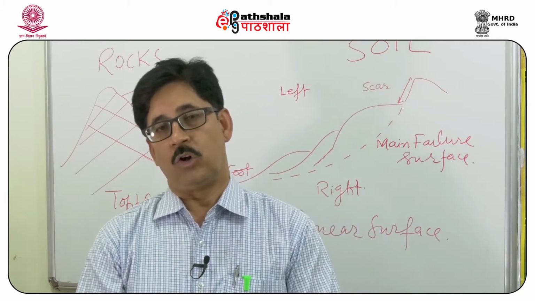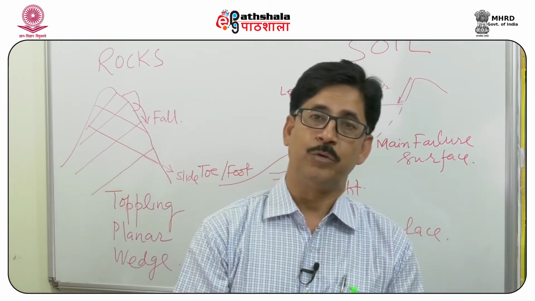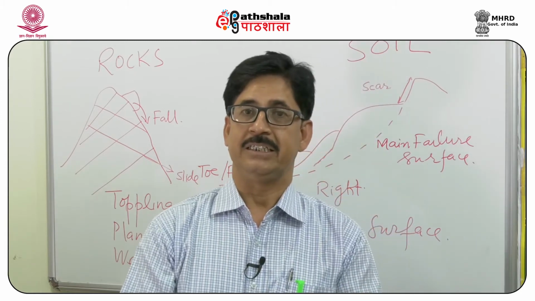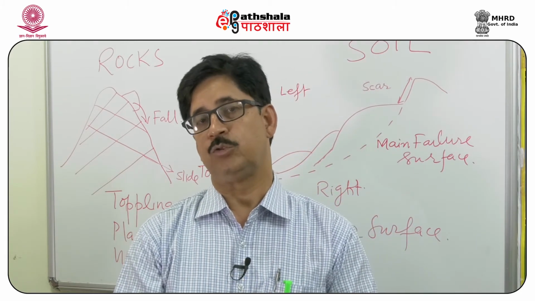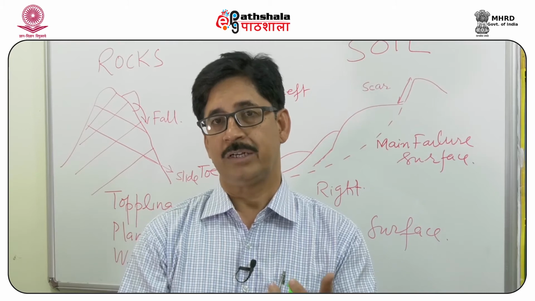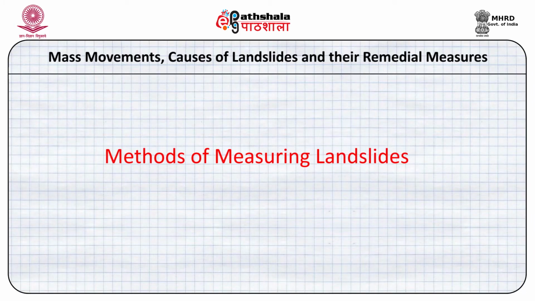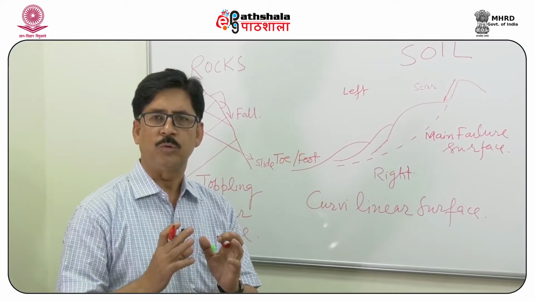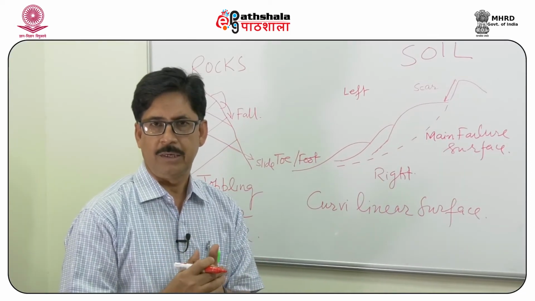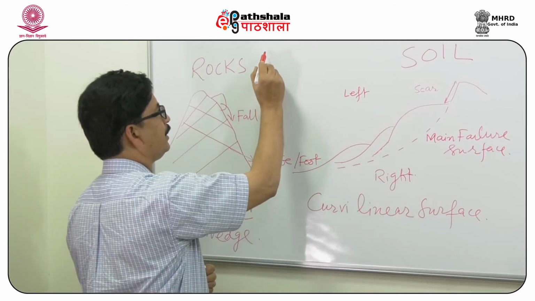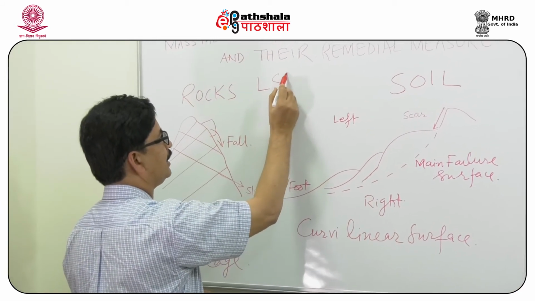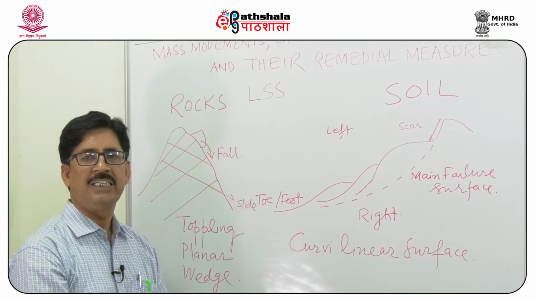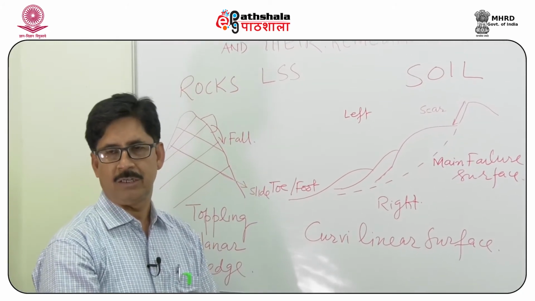Depending upon the probability of slope failure, we take measures to minimize the effect of landsliding. We have many different methods to quantify the slope. For example, there is a method given by CBRI called landslide susceptibility scores.